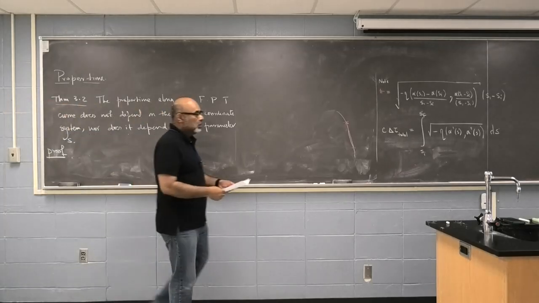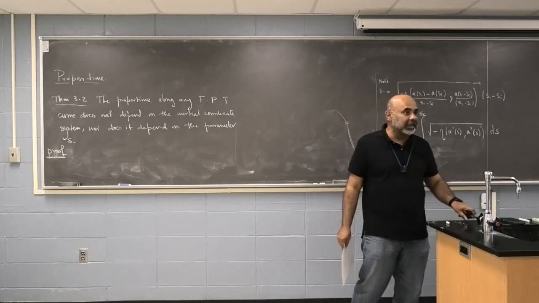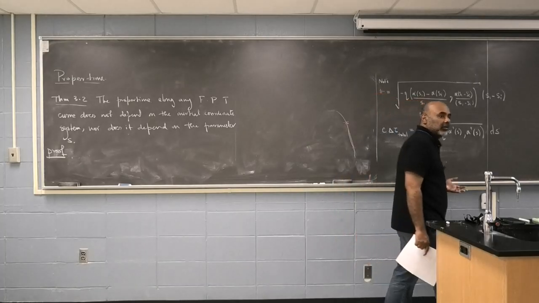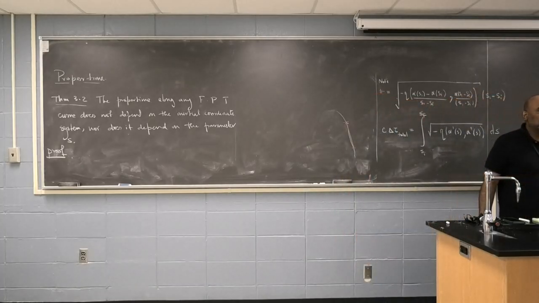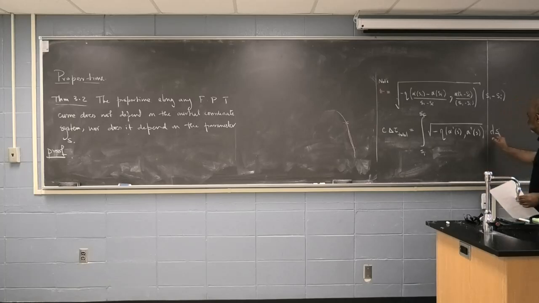Because if you're going to define it as proper time, you want to think of this as an inherently geometric object. If you have an inherently geometric object, you don't want it to be dependent on the coordinate system you chose. It is a clock carried by the observer. Secondly, this S, I told you, is a meaningless parameter.